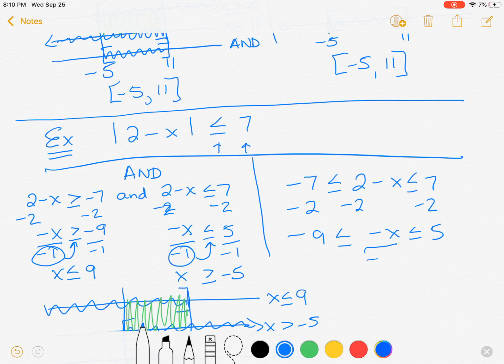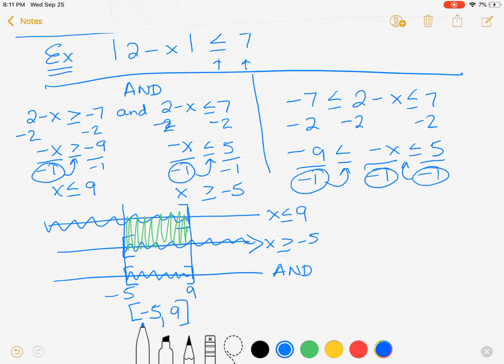So now I need to divide both sides by -1. Now, remember, because I'm dividing by a negative, these inequality signs have to flip. Okay? So I've got greater than or equal to, and that's still going to be +9. And that's going to be +x, and that's going to be -5.